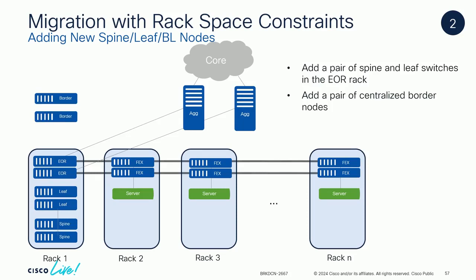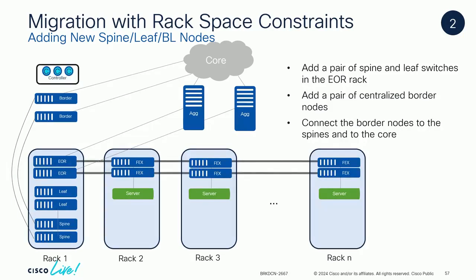The next thing I have to do is add a pair of borders. Border leafs, border spines, we can orient how we want, and then I'm going to connect them. You may also be running a controller, NDFC, something like that, if you're not actually using fingers to configure everything. So if you're in fact running an NDFC controller, this would be the point in time we'd introduce that as well.